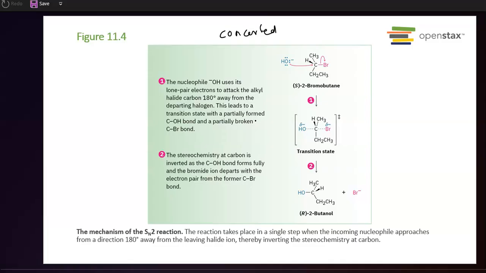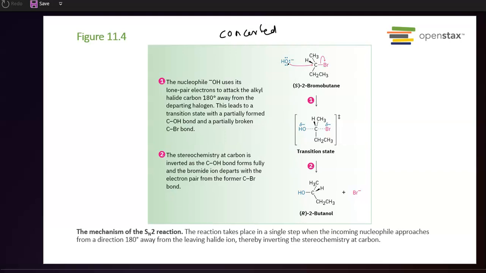There are no intermediates, and the key factor is that the OH minus nucleophile attacks from the opposite side of the leaving group. It's not coming from the front side, but from the back side, because the front is occupied by the leaving group. These are some important features of the SN2 reaction.